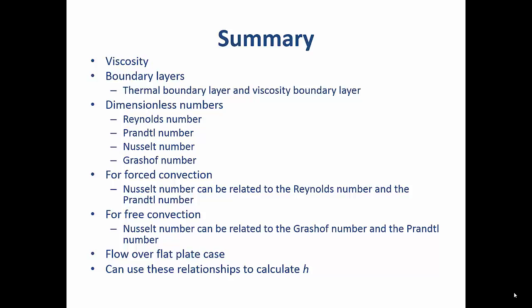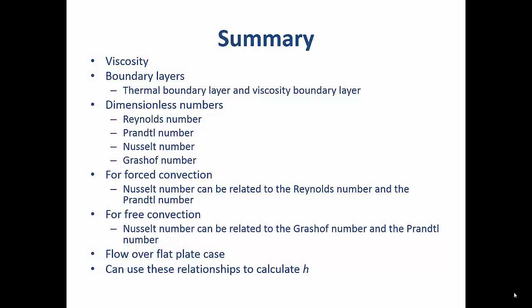I've then looked at dimensionless numbers, specifically the Reynolds number, Prandtl number, Nusselt number and the Grashof number, and pointed out that for forced convection the Nusselt number can be related to the Reynolds number and Prandtl number. You get different relationships for different geometries. And similarly for free convection, the Nusselt number can be related to the Grashof number and the Prandtl number.